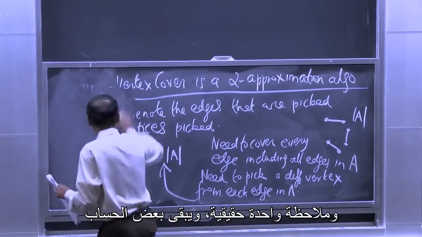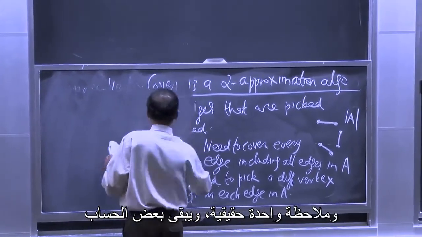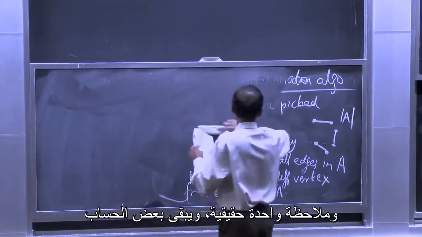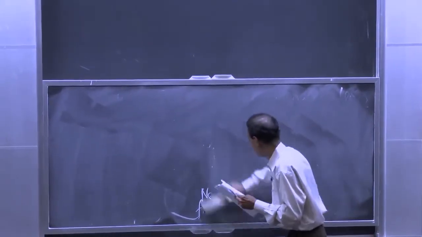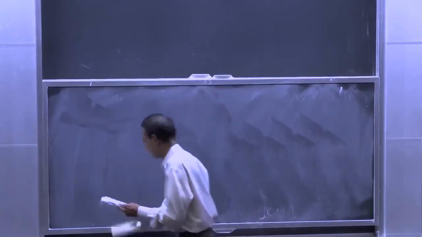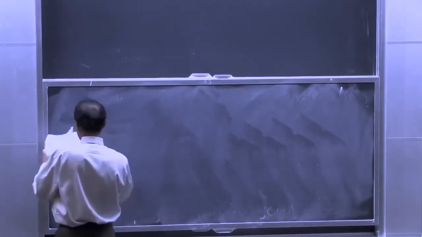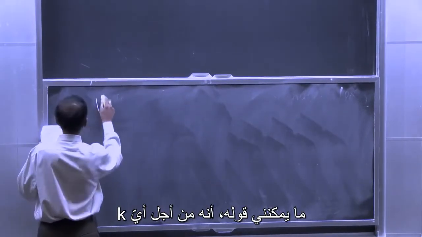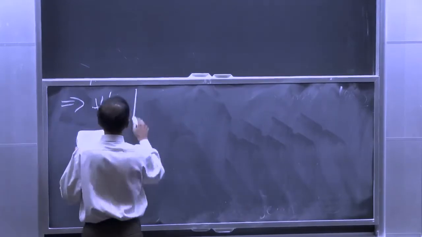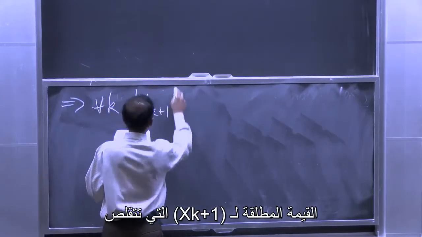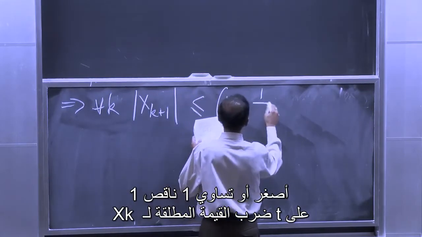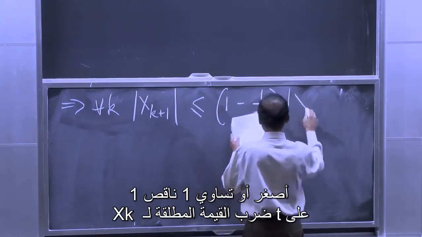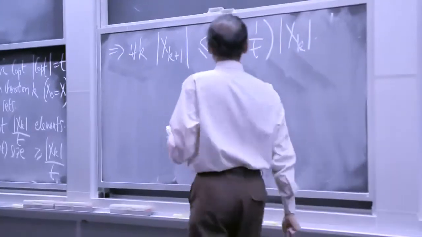So keep chugging here. One real observation, and then the rest of it is algebra. What I can say is that for all k, xk plus 1, which is shrinking, is less than or equal to 1 minus 1 over t times xk.